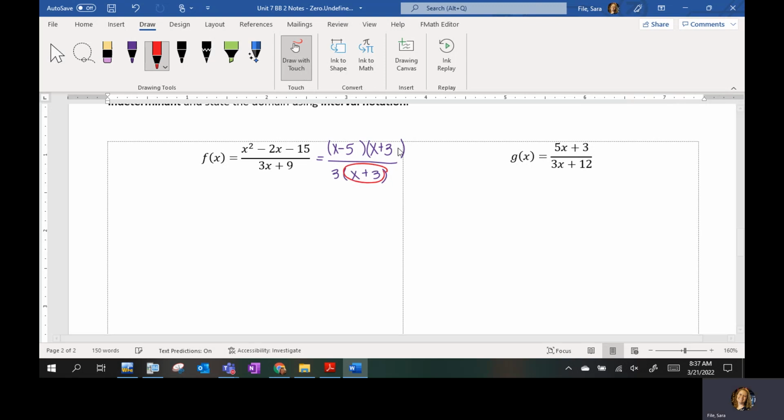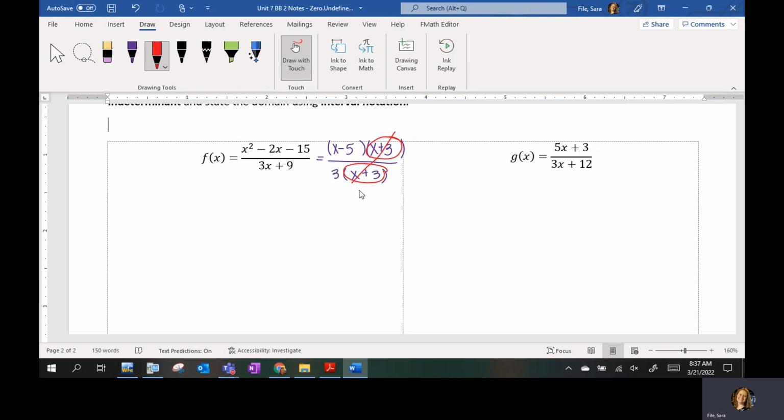This factor, x plus 3, that's in the numerator and the denominator, isn't it? So if we're talking about solving this, this would reduce, wouldn't it? When you have a common factor in both the numerator and the denominator that reduces like this, that means there's a hole in your graph.